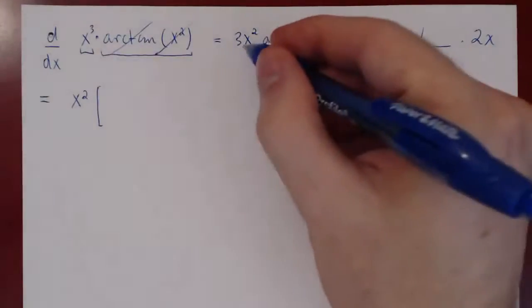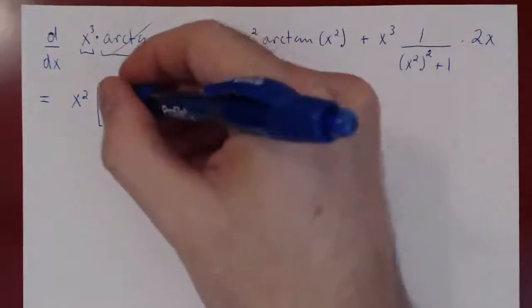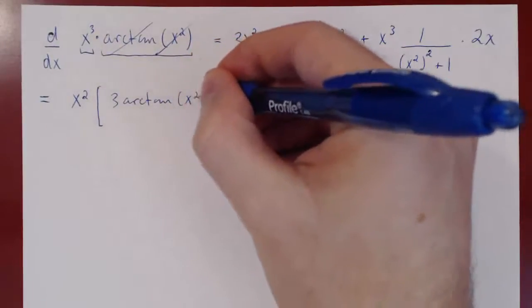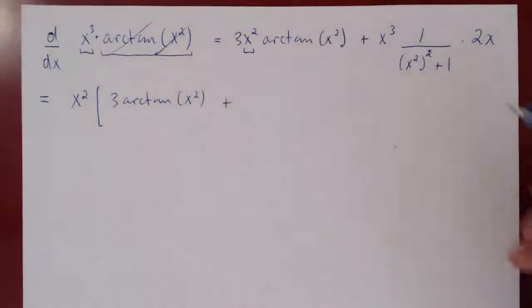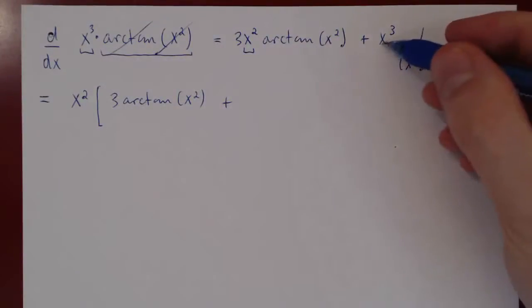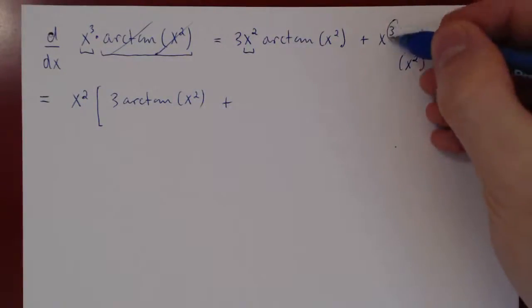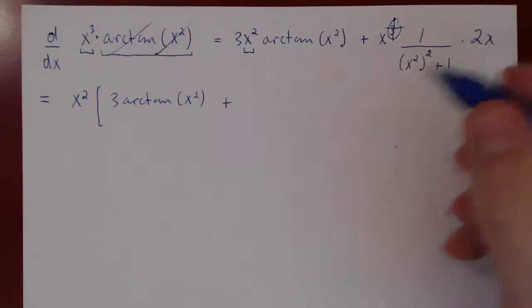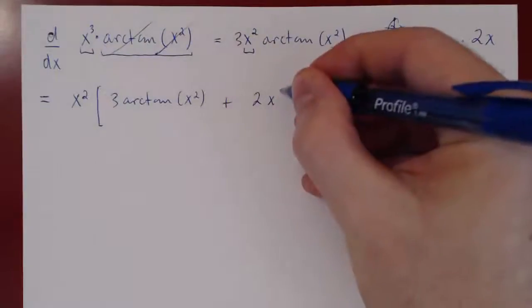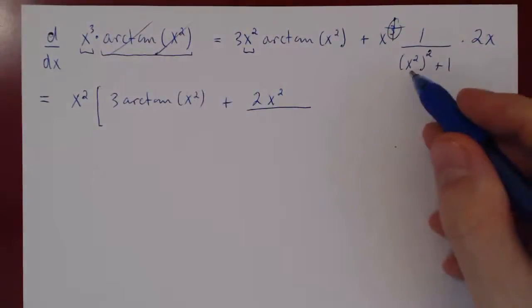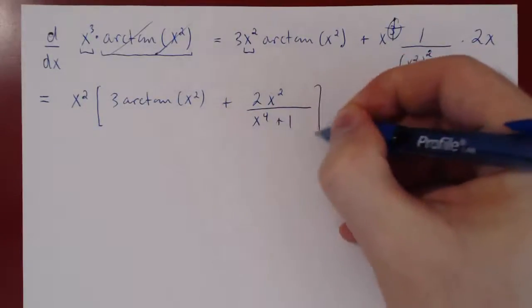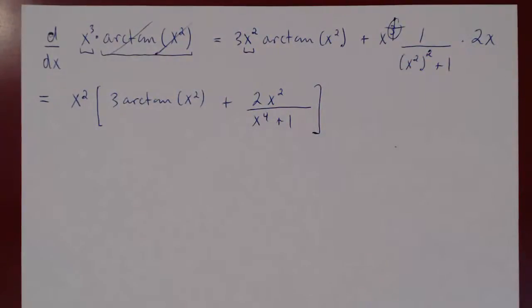And if we do, we're left here with 3 arctan of x squared plus, if we factored x squared from x cubed, that leaves us with a single x, times x, therefore 2x squared on the numerator, over x squared squared, which is x to the 4, plus 1. So there you have it, the derivative of x cubed times the arctangent of x squared.